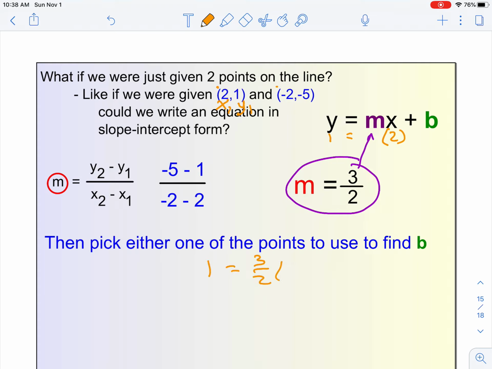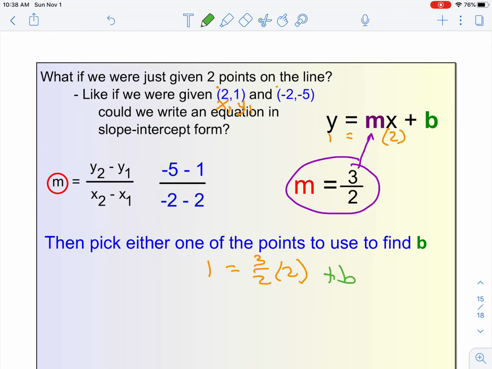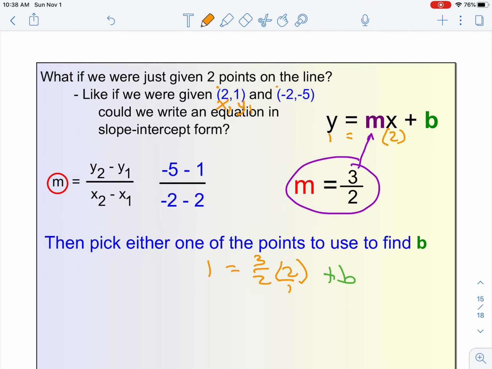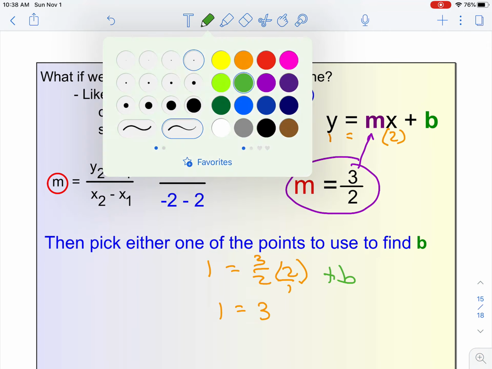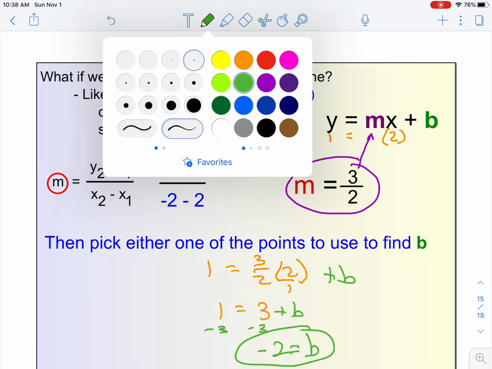So what I would have is 1 is equal to 3/2 times my x value of 2, and then plus b. So now what I have when I multiply these fractions together, remember put a 1 under this, this is 6 over 2, which 6 divided by 2 is just 3. So now I have 3, so 1 equals 3 plus b, subtract 3 from each side, and I get b is equal to -2.